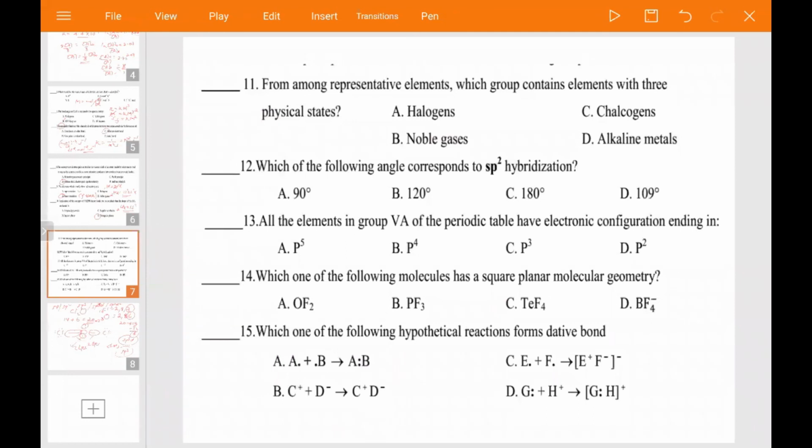Okay, number 11. From among representative elements, which group contains elements with 3 physical states? Solid, liquid, and gas ማለት ነው። From among representative elements are what, S and P block elements, yes? Which group contains elements with 3 physical states ሶስቱንም የያዘ ግሩፕ የቱ ነው?